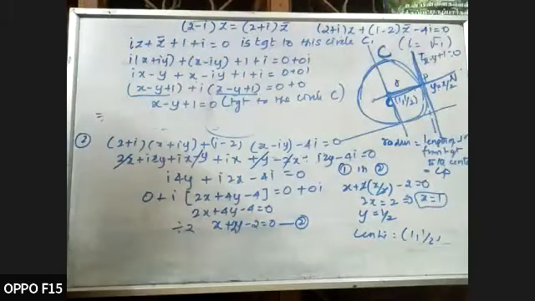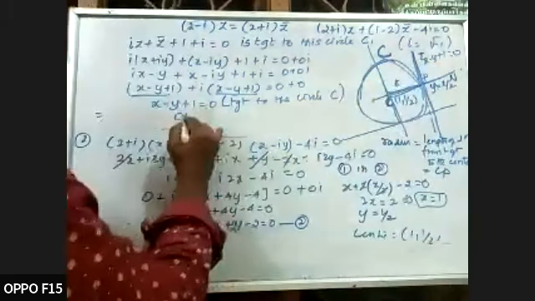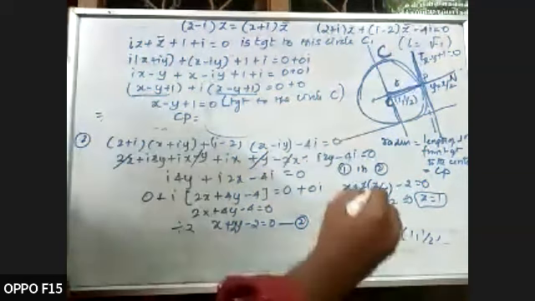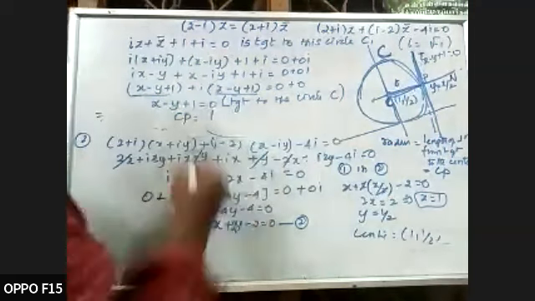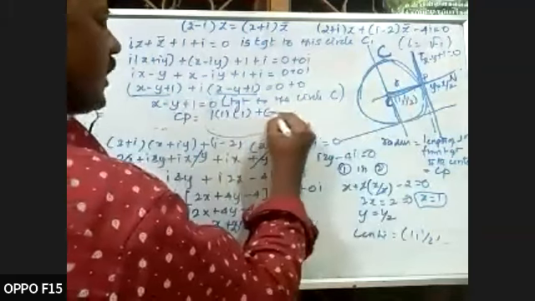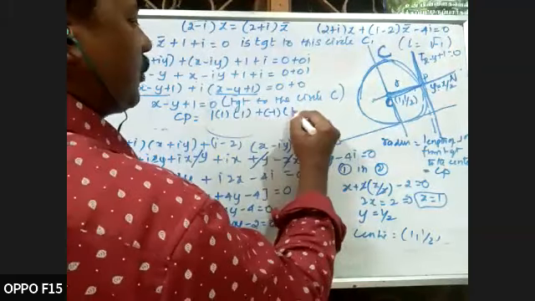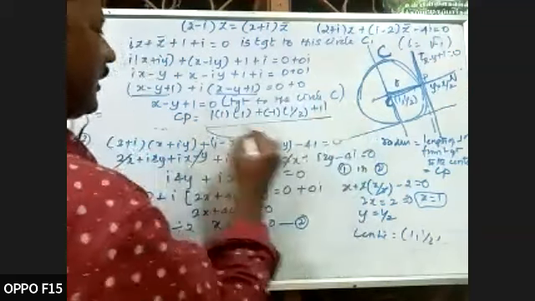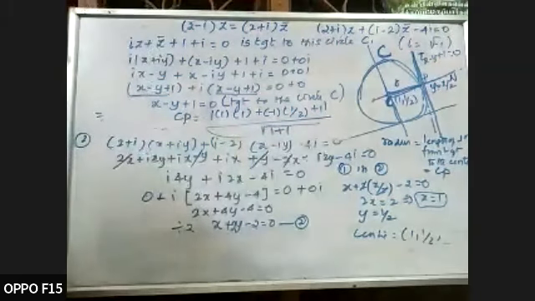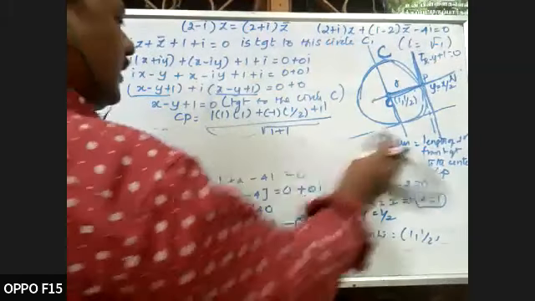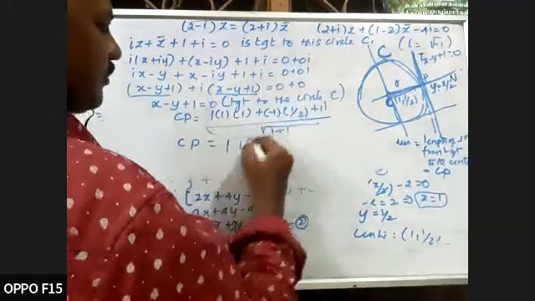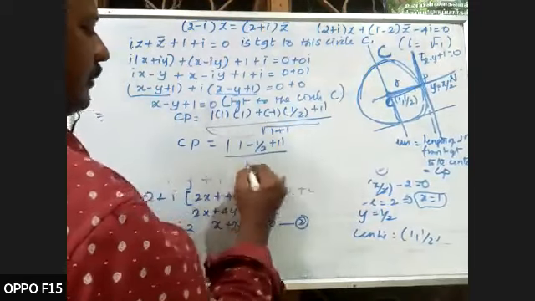So the center is the point, and we have to find the length of perpendicular, CP. The length of perpendicular formula is ax1 plus by1 plus c divided by root of a square plus b square. Here a is 1, x1 is 1, b is minus 1, y1 is 1 by 2, plus 1, divided by root of 1 plus 1. So CP equals 1 minus 1 by 2 plus 1 divided by root 2.